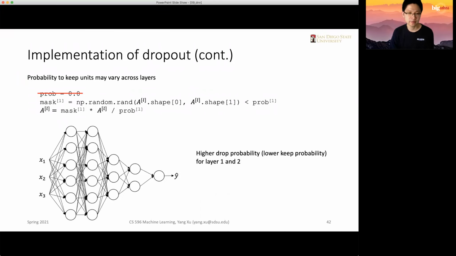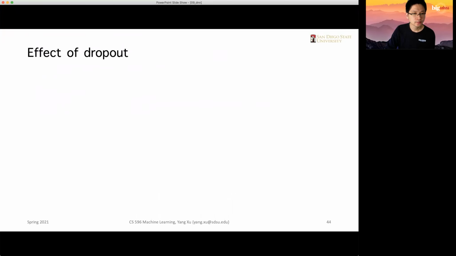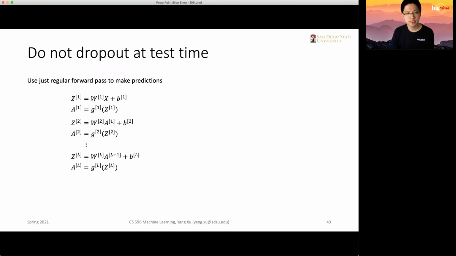That is a very empirical choice. For test time, we don't use dropouts. We just use a regular forward pass to make predictions. We don't apply dropouts because all the neurons contain some useful information.